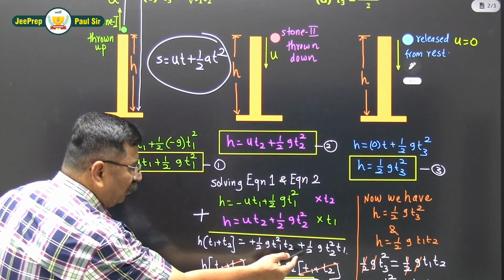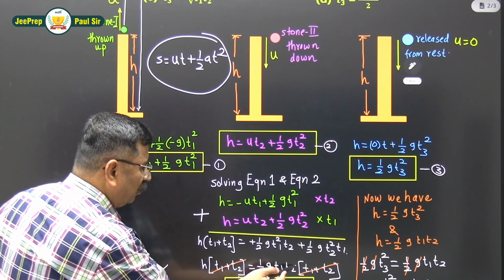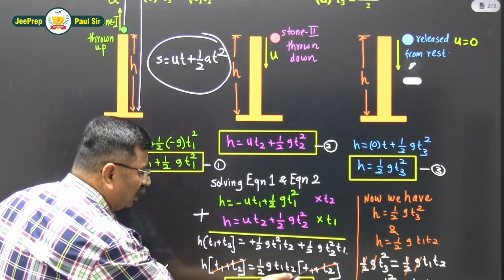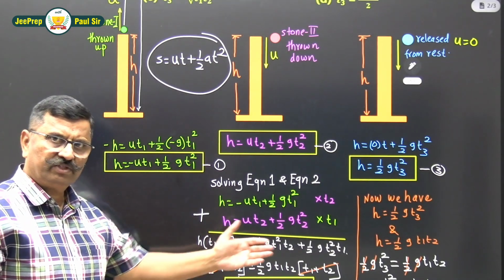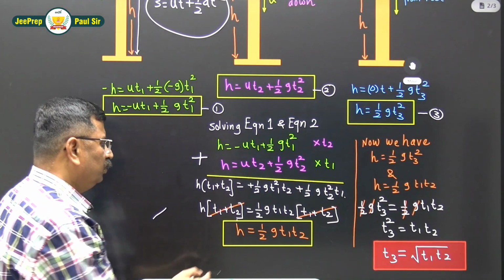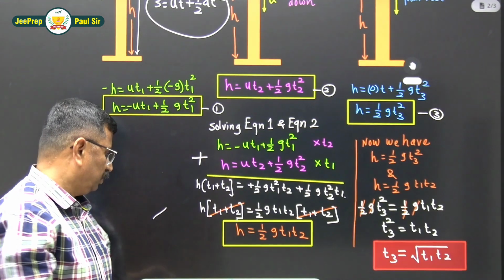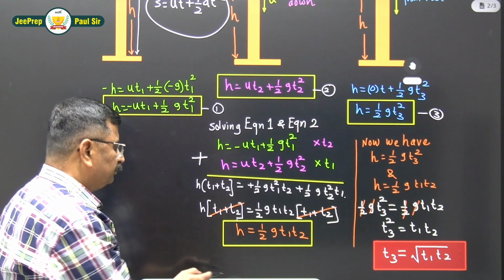So now you can take half g t1 t2 common from the right hand side. Again, t1 plus t2 is common on both the left side as well as the right side. Therefore t1 plus t2 cancels and you get h is equal to half g t1 t2.